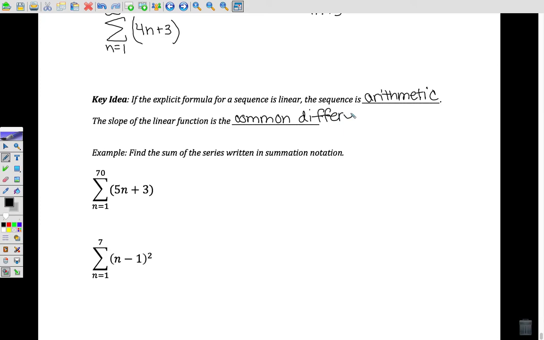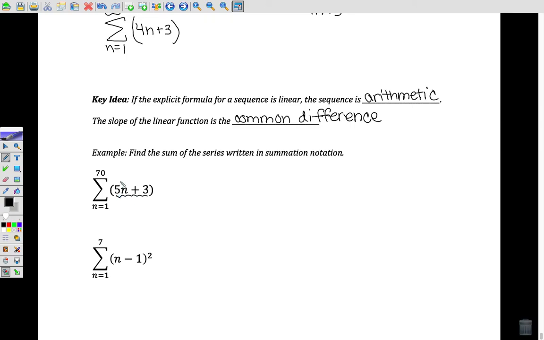So that's something to keep in mind if you're ever trying to determine if something is arithmetic, so that you can use the arithmetic series formula. You first need to determine if it's linear or not. So for example, in this first one, this is linear. Think y equals mx plus b. That means it came from an arithmetic sequence where the common difference was 5.